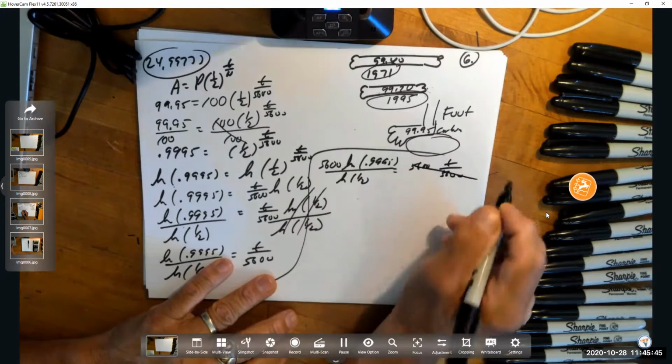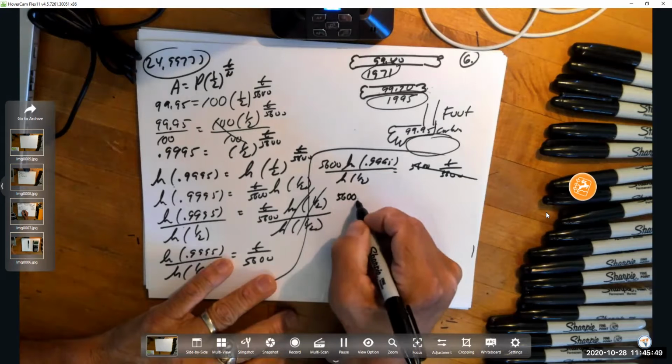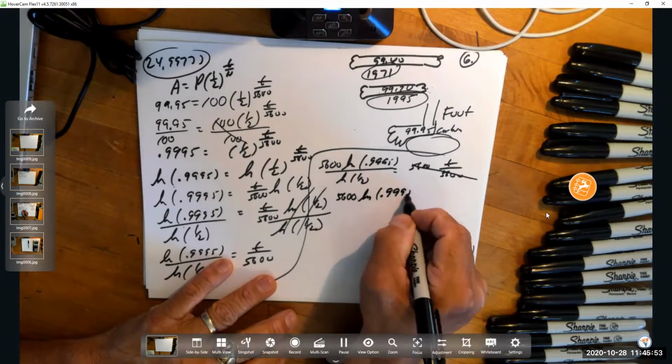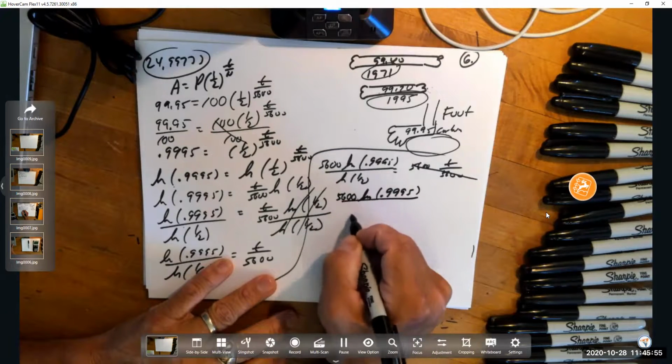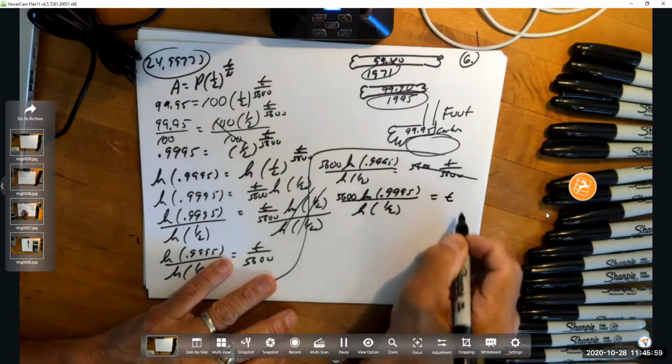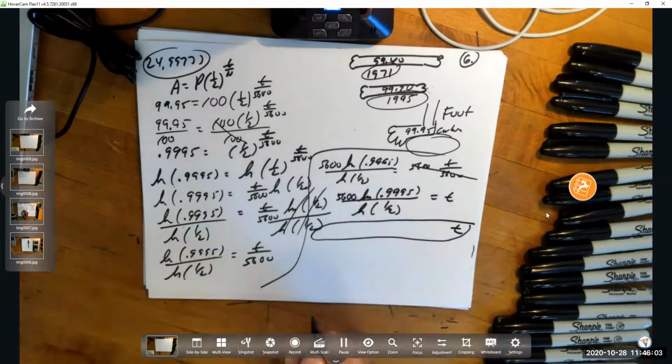And I know these guys are gone. So 5600 times ln of 0.9995 over ln of 1/2 is T. So now you're going to do this in the calculator, of course. And I'll tell you when.